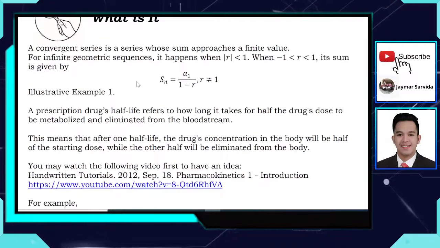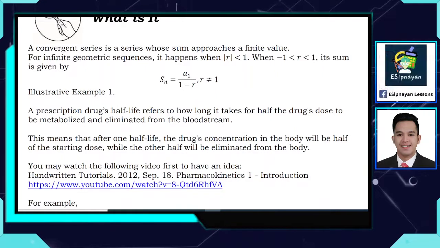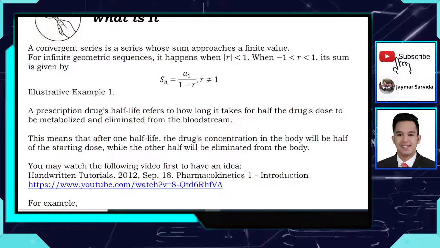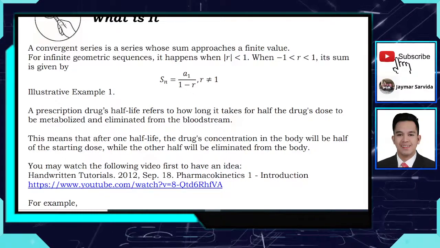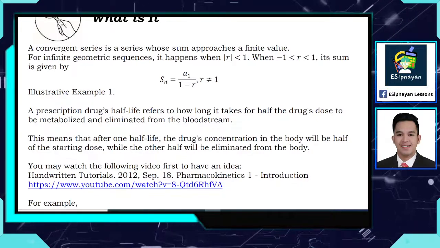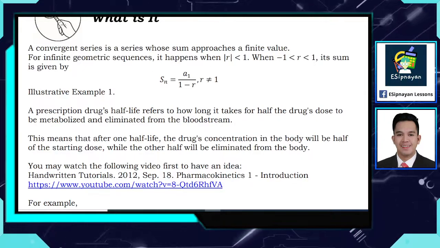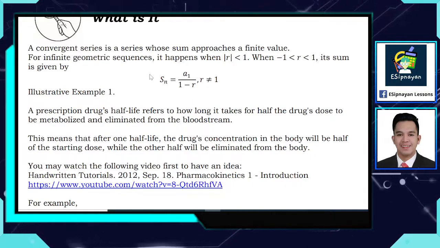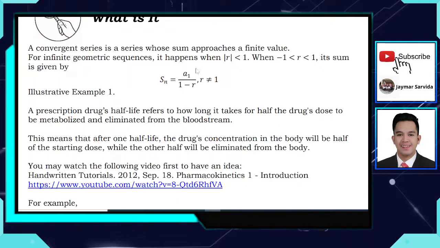A convergent series is a series whose sum approaches a finite value. So for infinite geometric sequences, it happens when R is less than 1. Kapag ito ay finite, when R is less than 1 but greater than -1, then its sum is given by, ito yung ating formula para mahanap yung sum ng ating infinite geometric sequence.